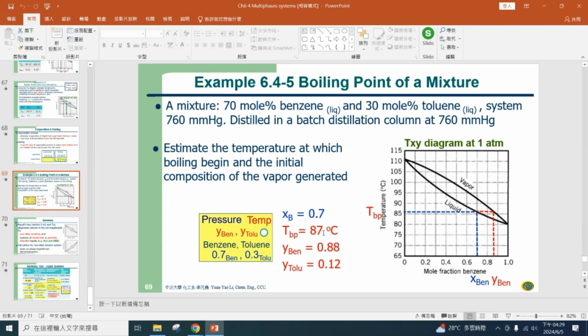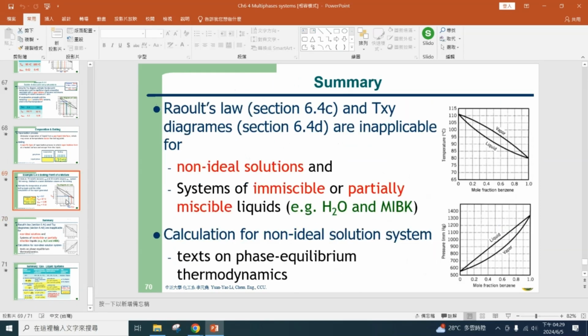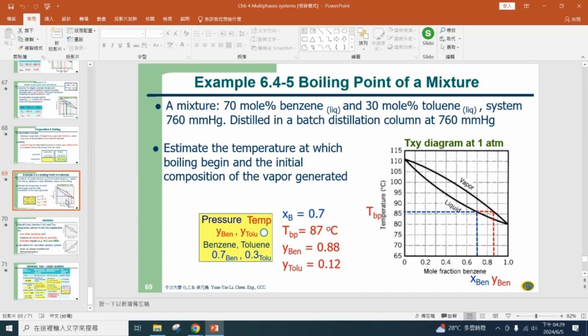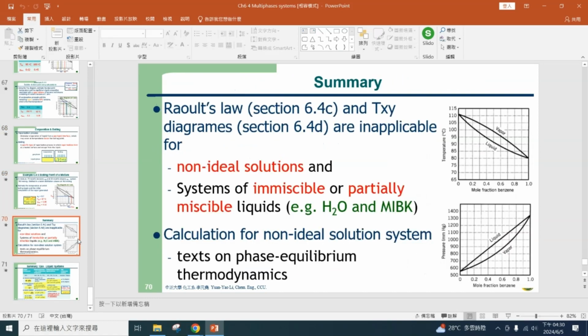I want you to know that I already showed you how to find the bubble point or dew point temperature or pressure, especially bubble point temperature and dew point temperature, right? Okay, so I don't want to waste your time here today, but I want to tell you that this is the question of the Kahoot today.